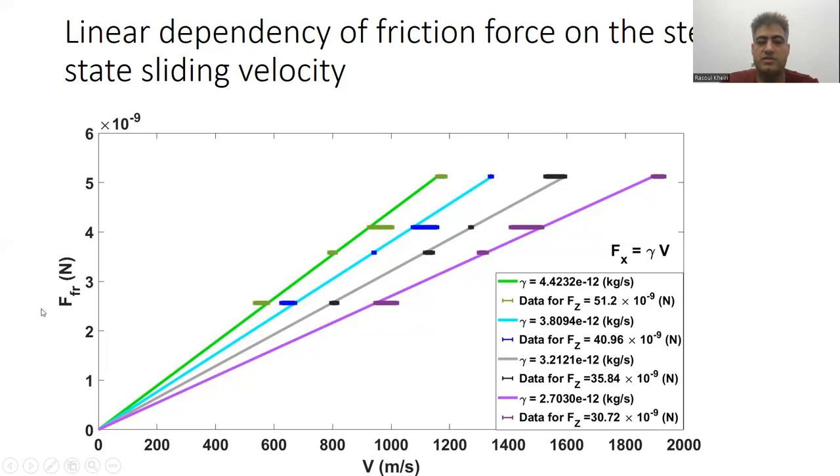The point is that the horizontal force is equal to the friction force at the steady state velocity. So at a steady state velocity, the horizontal force exerted on the particle equals the friction force.